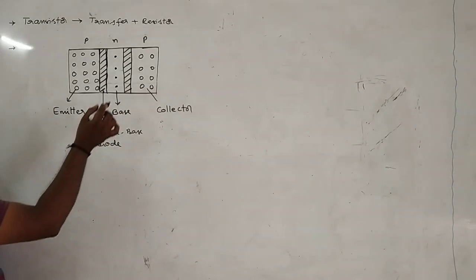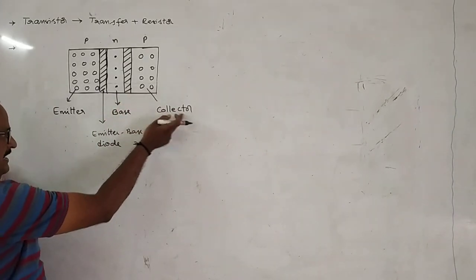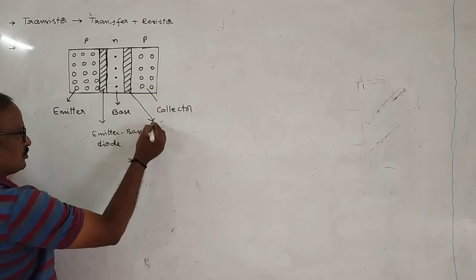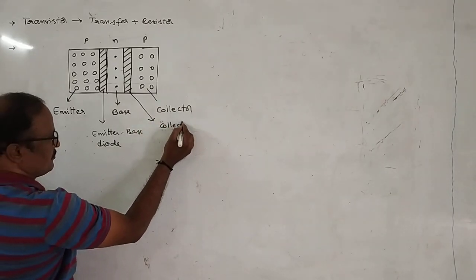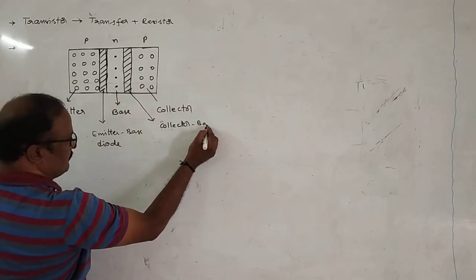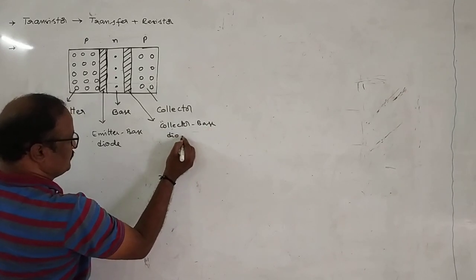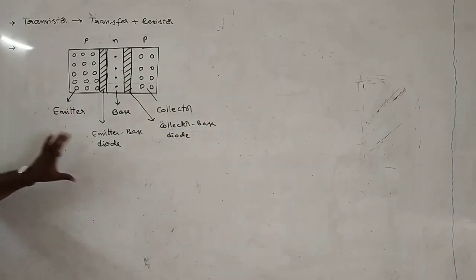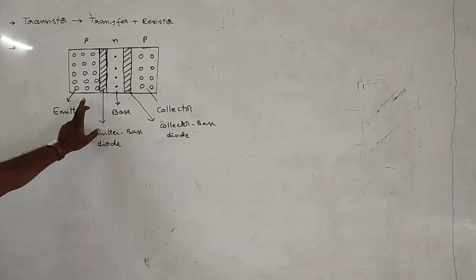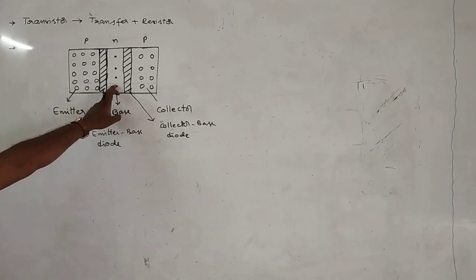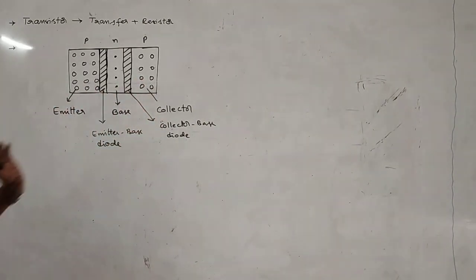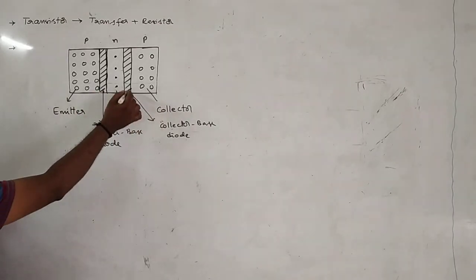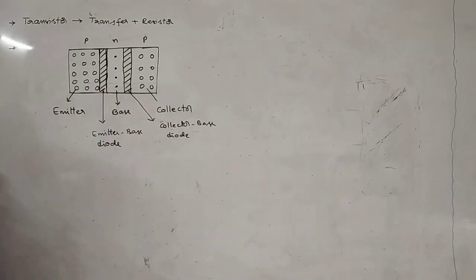Another diode is formed between the collector and base, which is known as the collector base diode. Now there are two diodes: one lying between emitter and base, the second lying between collector and base. So this is the emitter base diode, and this is the collector base diode.